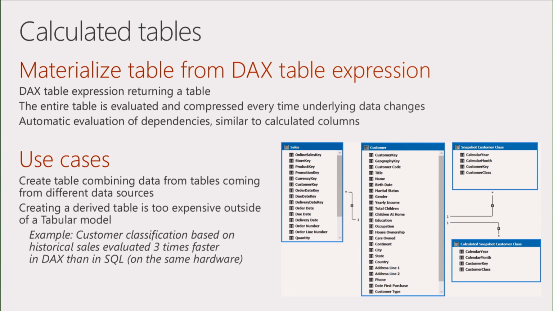However, sometimes you may have a scenario where preparing data, aggregating data, creating a snapshot of data at a certain level may be performed much faster in DAX instead of in SQL, for example. And this is exactly one of the examples that I will show you in a moment. So if I want to create a snapshot table in order to improve the performance of certain queries, I could create this table using a calculated table in a much smaller time.